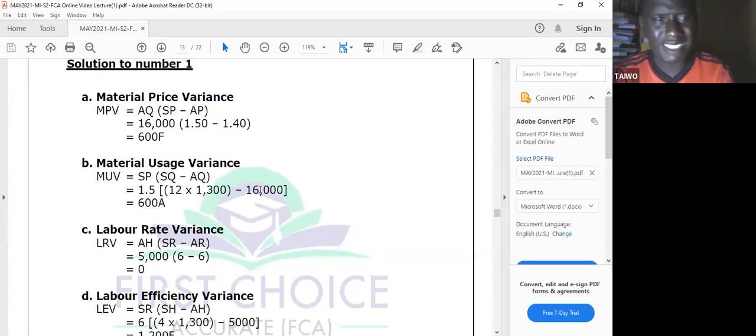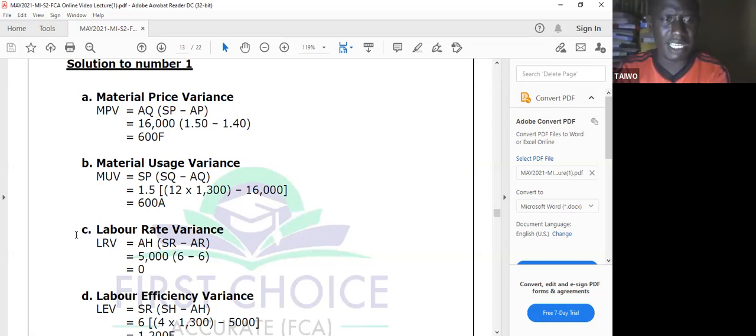What's the difference? The difference is 400, right? Times the standard price. Don't forget the standard price of material was 150 kobo. So you just multiply that 400 by 1.5. Usage variance is adverse. You're not using the material efficiently. That's why you have the adverse term. That's material usage variance.